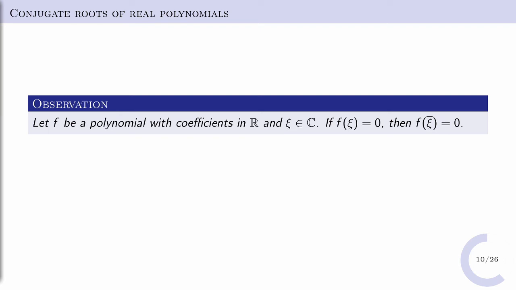So the complex non-real roots of f come in conjugate pairs. If xi is a root, then xi bar, the conjugate of xi, is a root as well. And again, the proof is very simple.